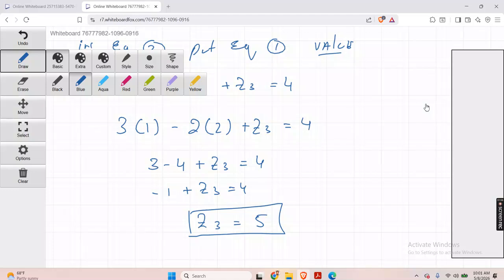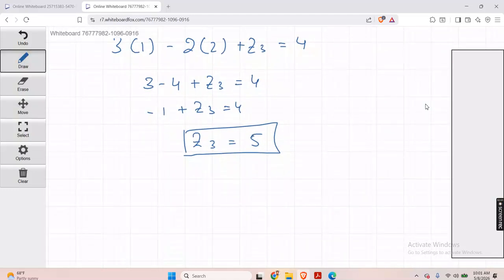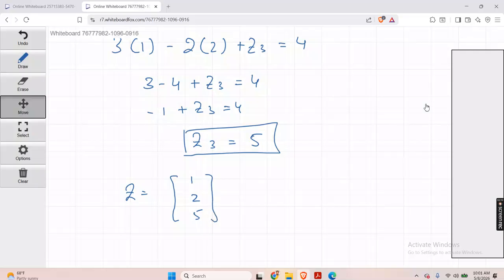Now we get matrix Z, which is 1, 2, and 5. Z3, Z2, Z1.